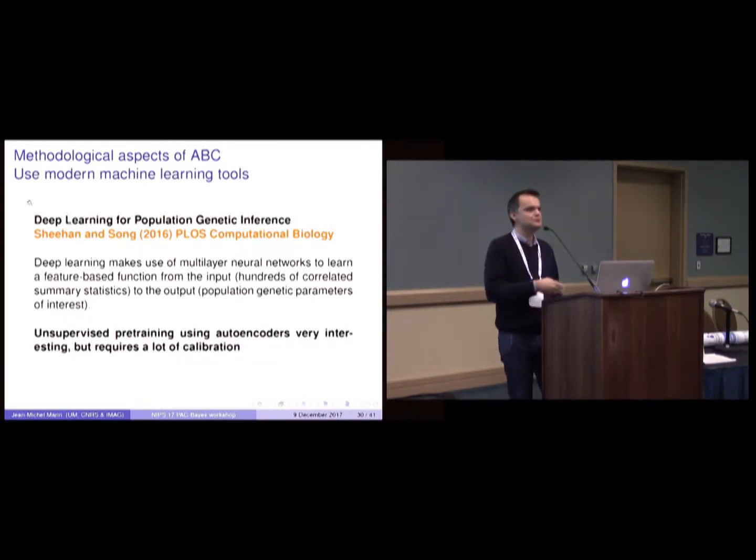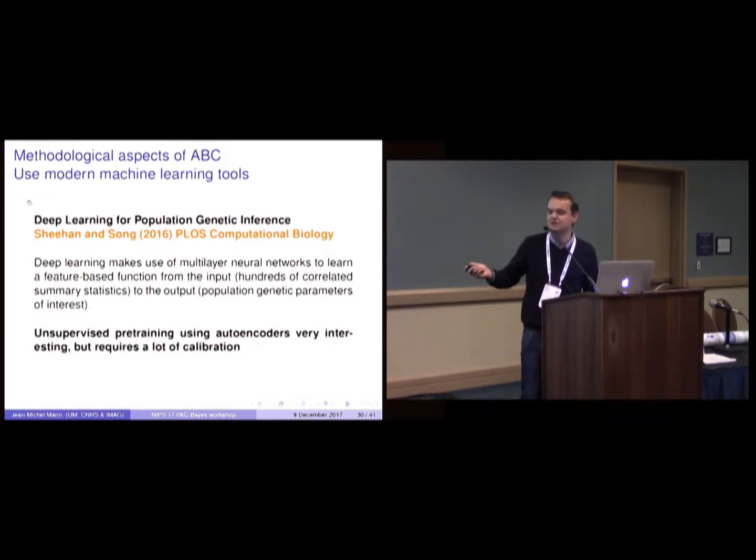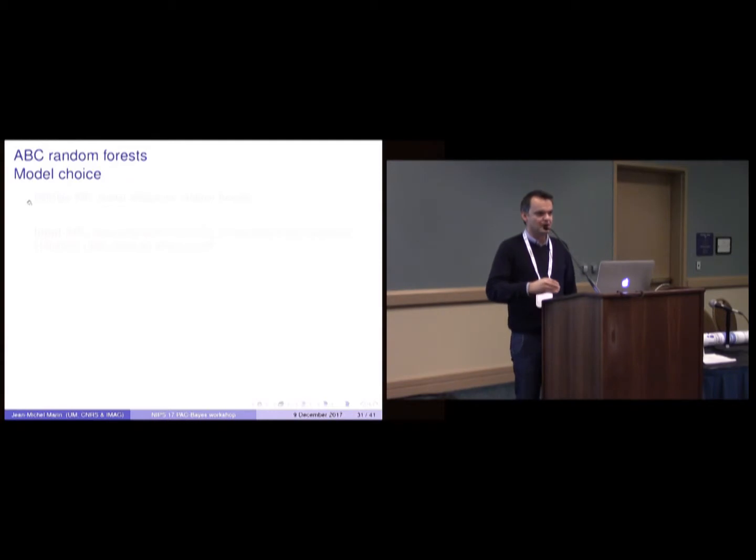And there is also some alternative outside the population genetics community by Carl Kramer here, who has done, in some sense, something very close to this. Okay, so our proposal is to use random forest because we found that random forest does not need calibration, in some sense.